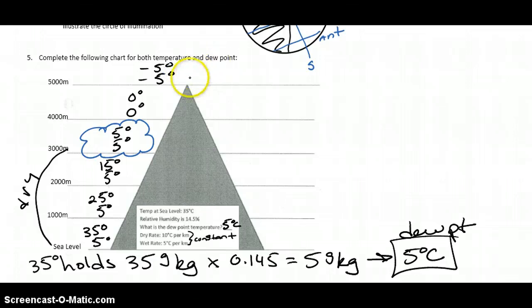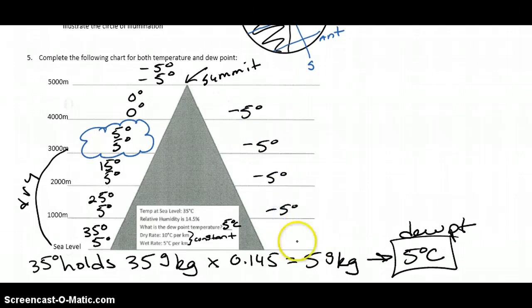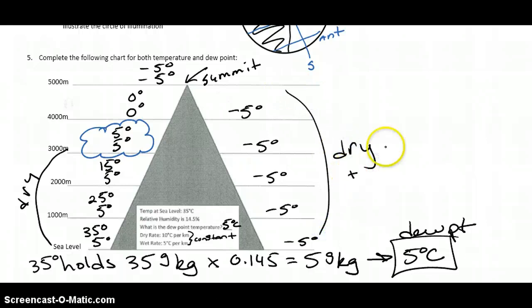So that's my summit. Some of you didn't know what a summit was the other day. The summit's the top, the base is the bottom. So moving our way back down, we've got the same dew point the whole way. So I can go through and put that -5 all the way down because the dew point's not going to change. But the temperature is going to, again, use the dry rate, but this time we're adding.